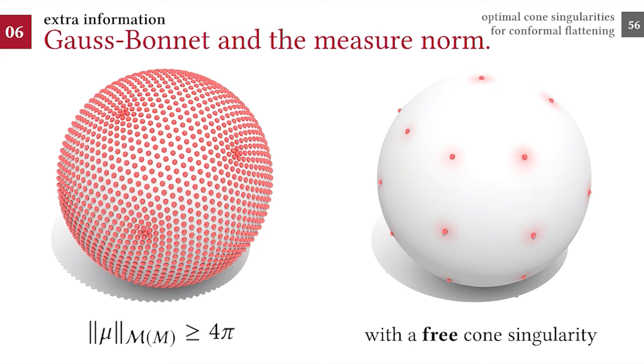And so what you need to do in the case of higher genus is you essentially pop out a disk, or you set one cone at one point to be free. You're allowed to place cones there without penalizing your energy. And just by doing that, you end up with cone singularities on higher genus. But yeah. Thank you so much.